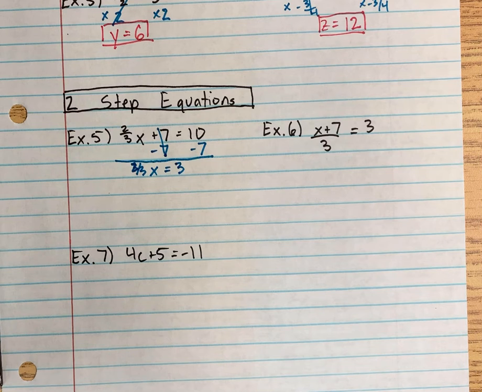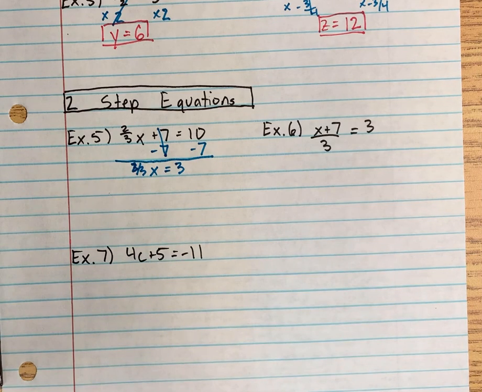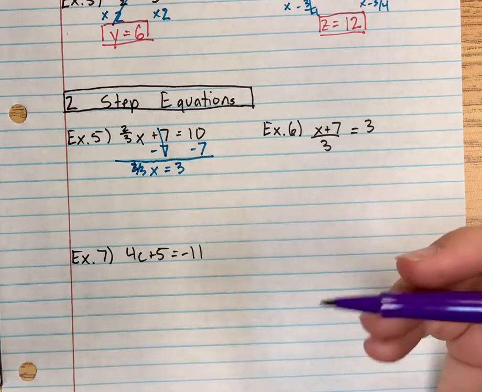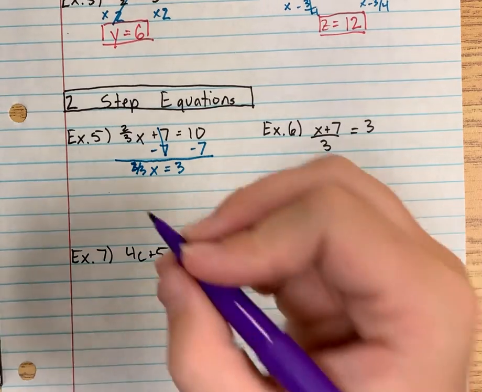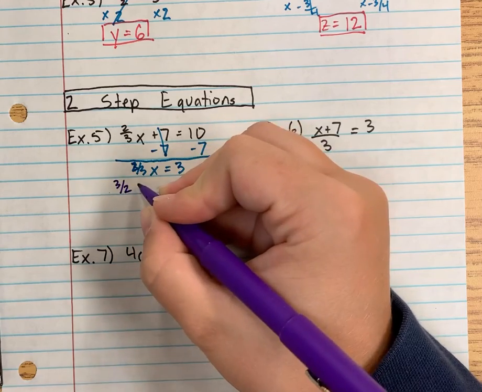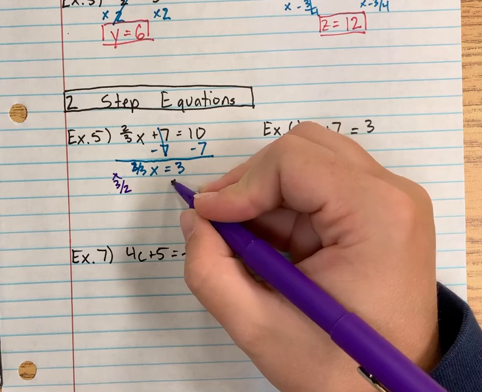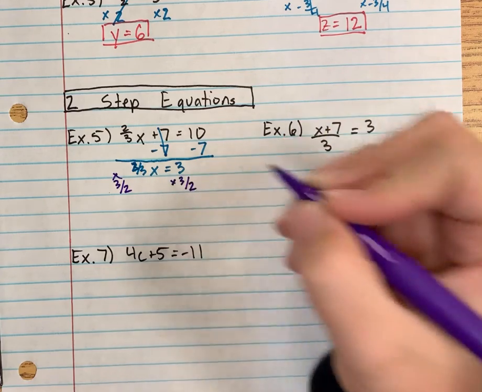What we want to do next is take this 2/3 x equals 3 and try to get x alone. So to do that, I'm going to multiply by 3 over 2 and multiply by 3 over 2.